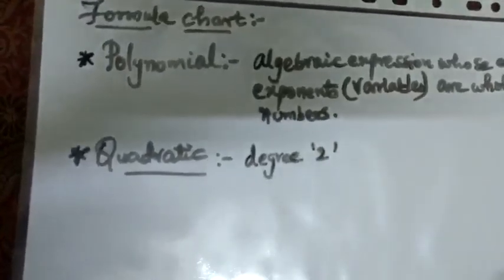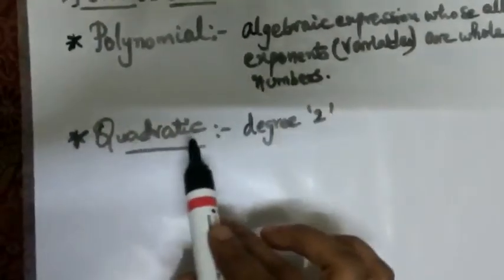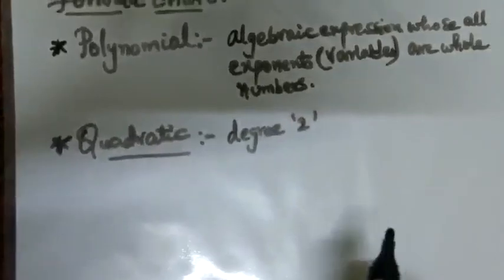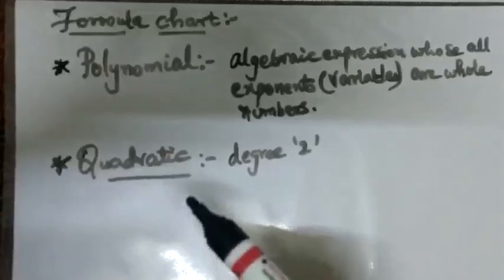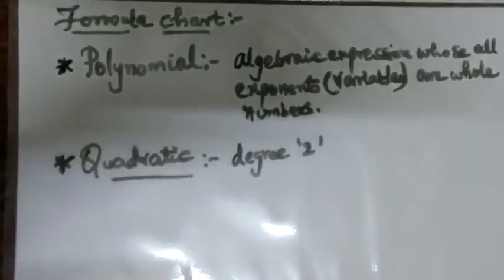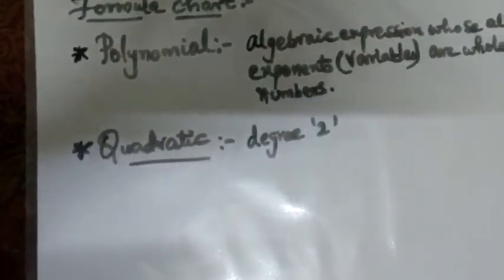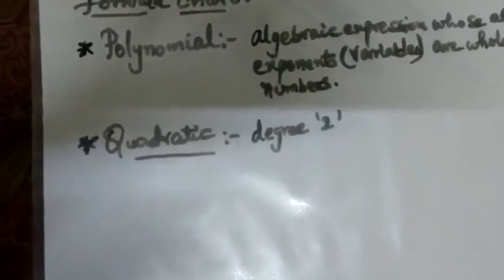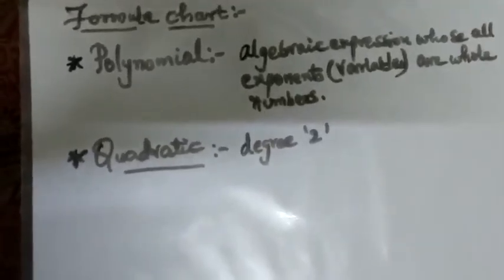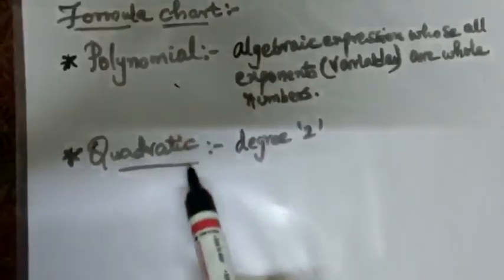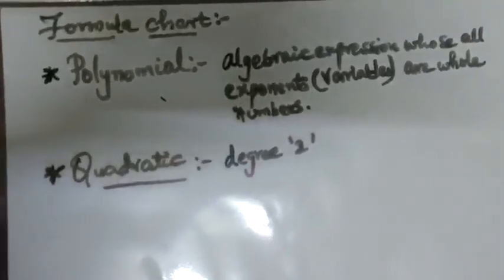Degree is nothing but the highest power in the algebraic expression. Now I got the idea that okay, quadratic means the degree should be 2. Now what do you mean by a quadratic equation? Any expression which has an equal to sign, we'll call it an equation. If it's a quadratic one, then it will be called a quadratic equation. If it is just a linear polynomial, then we'll call it a linear equation, because it has an equal to sign. So the basic thing we have covered here is polynomial and quadratic. Quadratic means you just have to look for the degree, whether the degree is 2 or not in the whole equation.